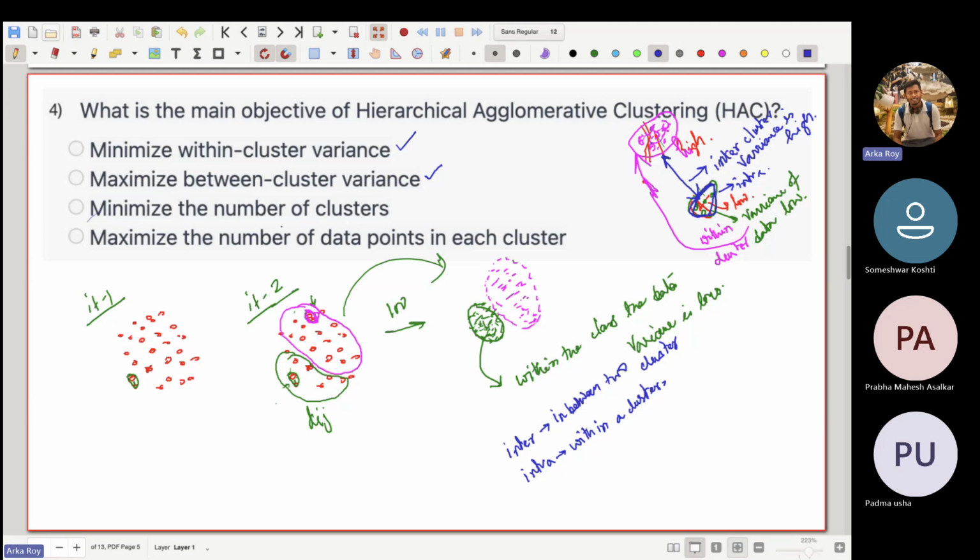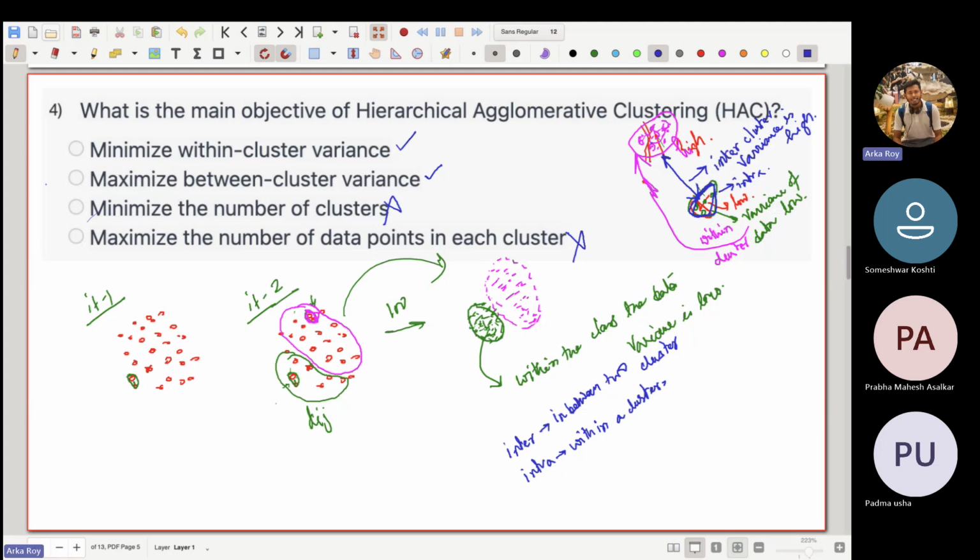Minimize the number of clusters. HSE has no role in reducing the number of clusters because it's a heuristic process, so you cannot have any choice on creating a smaller number of clusters. Maximize the number of data points in each cluster. Again, you cannot have any say on that.